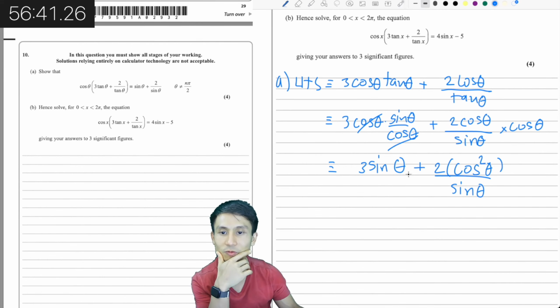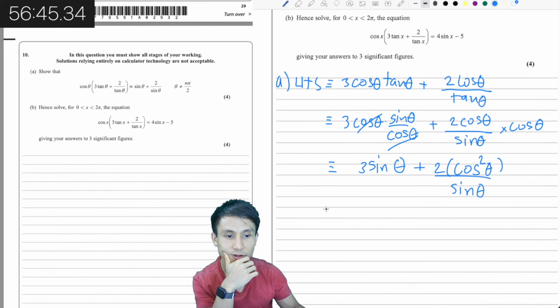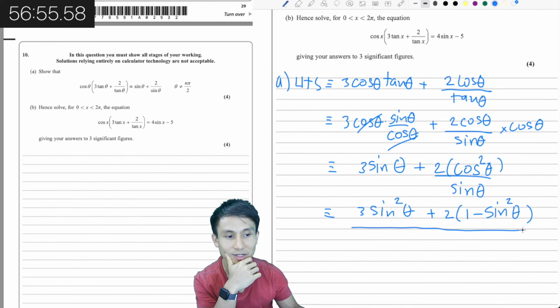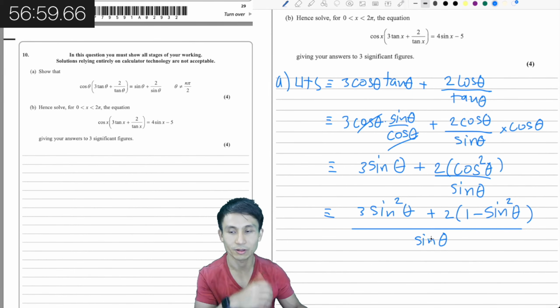Yeah, I'm guessing that we should make everything sine, right? So if I expand this, I'm going to get 3 sine squared theta plus, and then here I'm going to get 1 minus sine squared theta. So this is basically merging the fraction, guys. So I multiply this by sine over sine, yeah? All right.